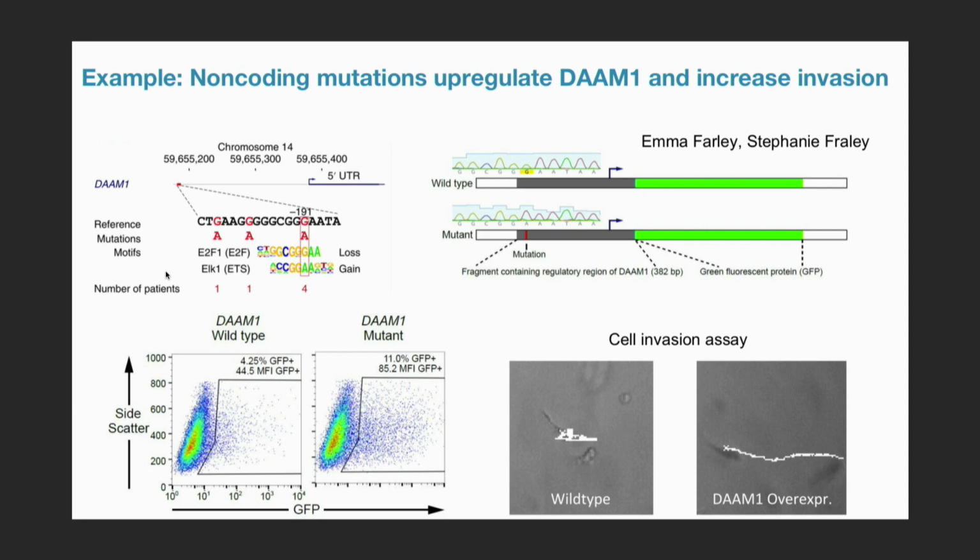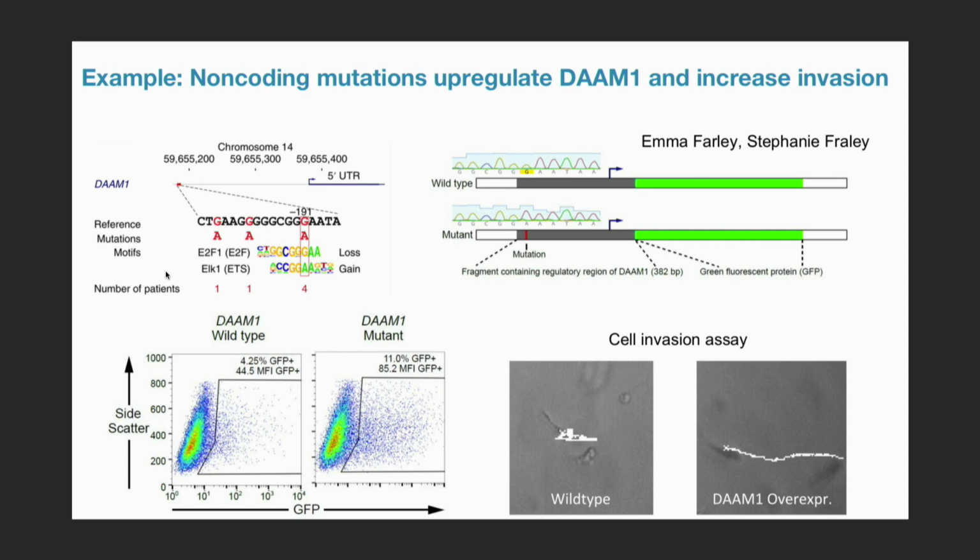So here is one of the findings, which was non-coding mutations upstream of this disheveled associated gene DAM1. There were just 6 patients in this cohort of 930 patients that had mutations there. But again, the power comes from these network connections that you know a priori.